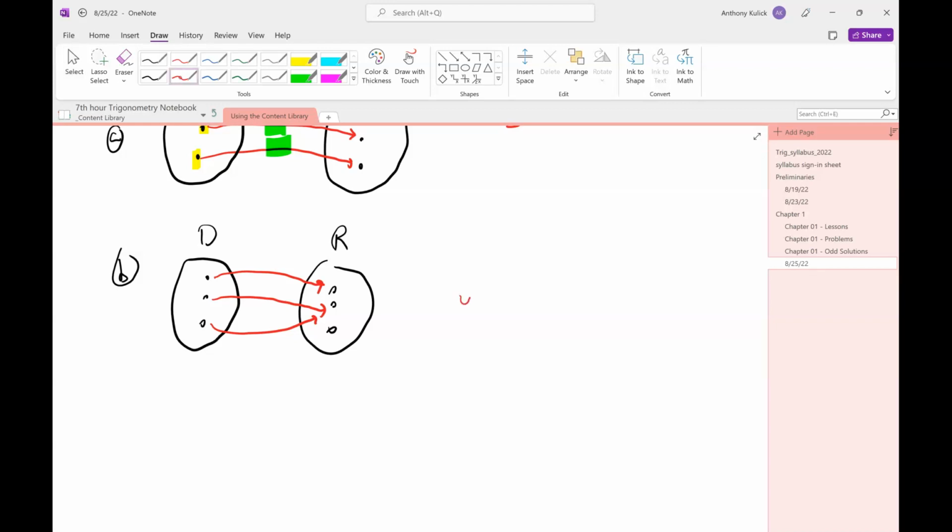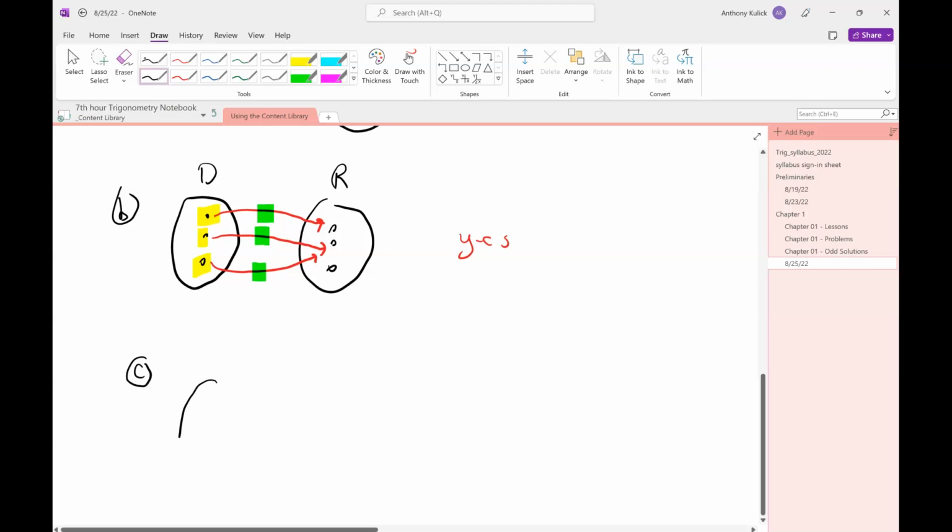Yes is the correct answer. So again, we're looking, does everything in the domain go someplace? Do each of those things have only one destination? Yes. Does it matter that not everything in the range got used? No. Did it matter that some of the ranges got used more than once? No. Whether something's a function or not is only about the domain. So that's really the only part that we care about.